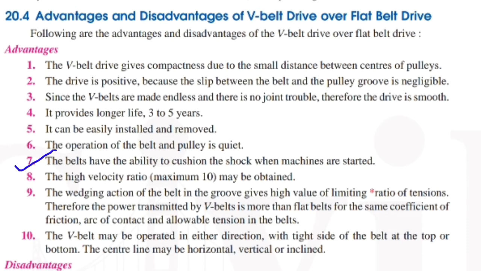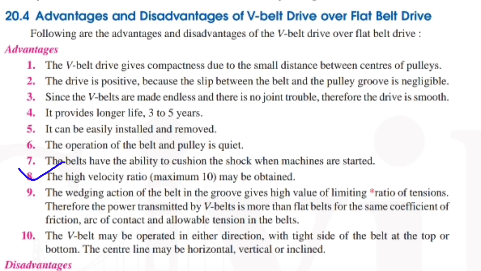And seventh, the belts have the ability to absorb shock when machines are started. With the help of V belts, we can absorb the shock at the time of machinery starting. And eighth, a high velocity ratio, up to a maximum of 10, may be obtained.